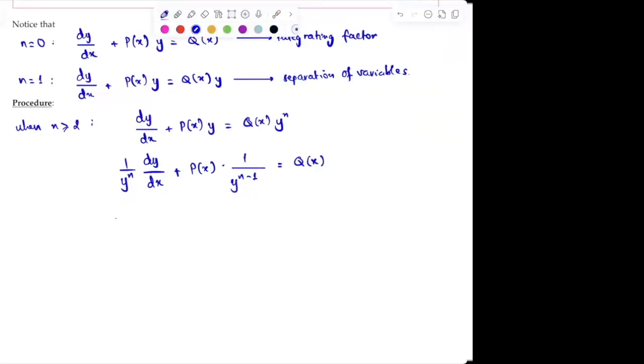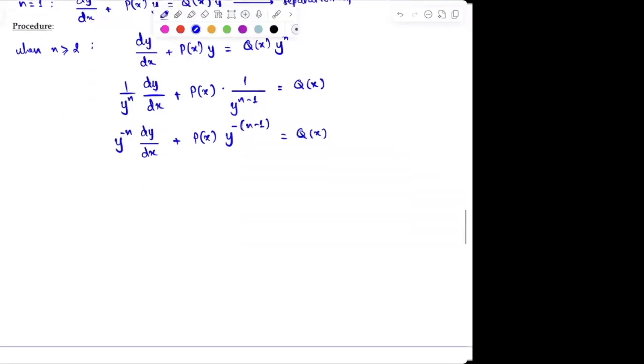That is y to the power negative n times dy/dx plus p of x times y to the power negative n minus 1 equals q of x. Let me simplify this a little bit so that I have y to the power negative n times dy/dx plus y to the power 1 minus n times p of x equals q of x.